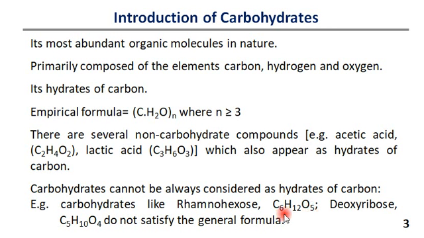Here N is equal to 6, but it's not following the empirical formula CH2ON, because if it were following this empirical formula, the chemical formula of rhamnohexose would be C6H12O6. Another example is deoxyribose. The chemical formula of deoxyribose is C5H10O4.